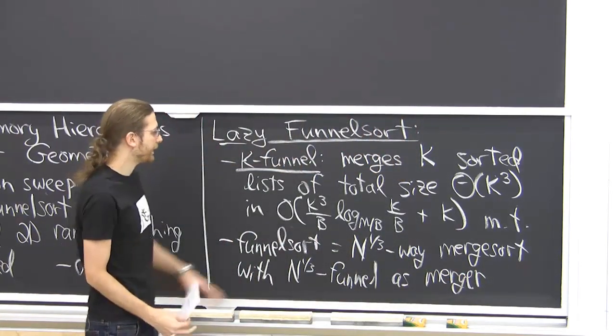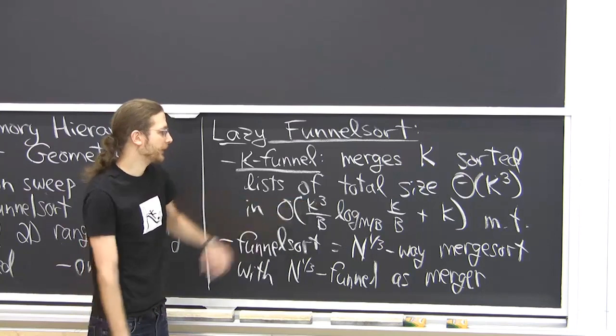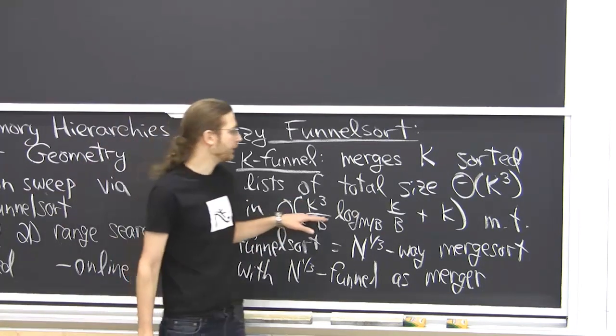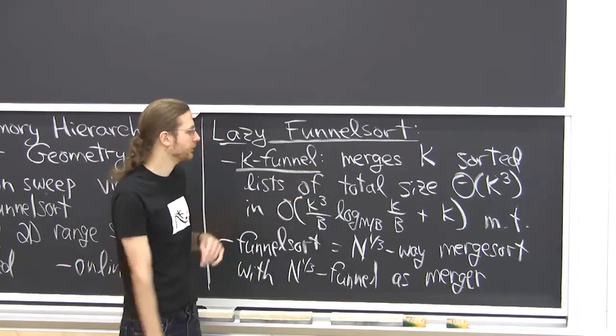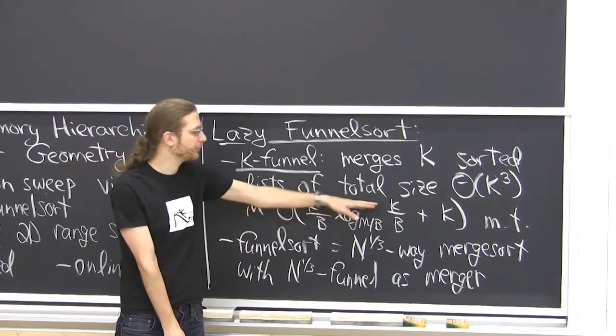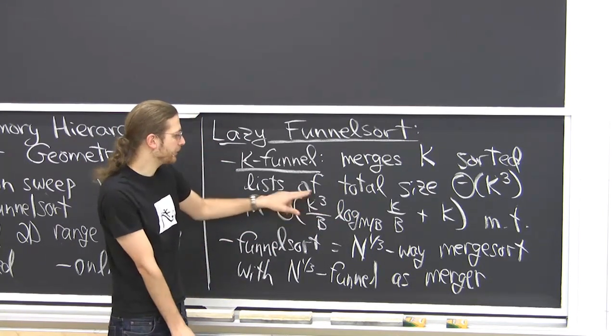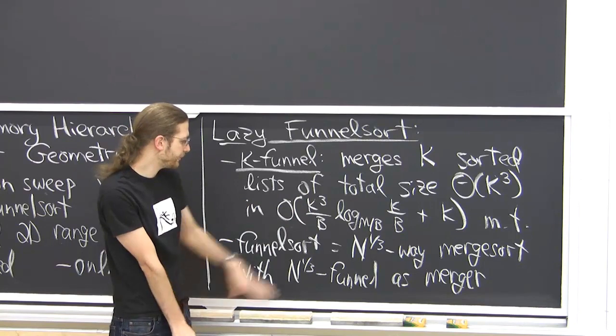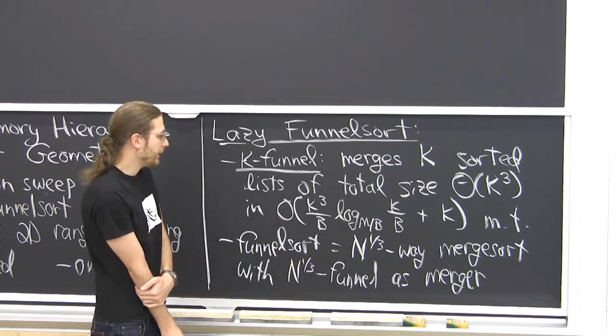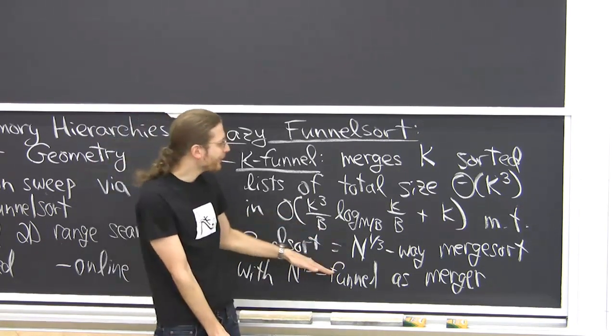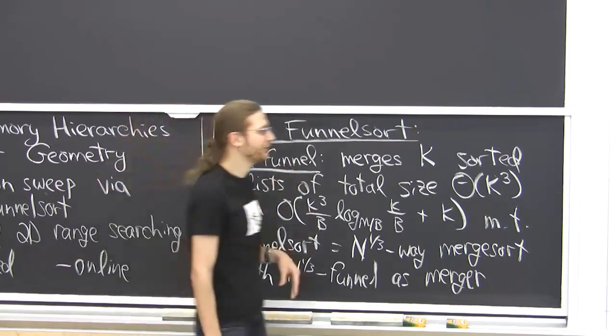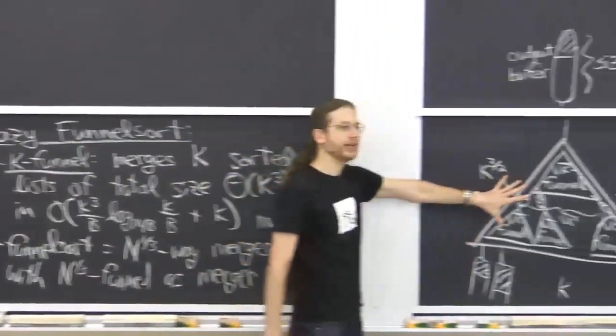We can only afford up to n to the 1/3 because of this cubic thing. We can only merge, if we want the sorting bound n over b log base m over b of n over b, we can only afford k being up to n to the 1/3, so that's the biggest we can do. So it's a recursive algorithm where each of the merging steps is this recursive data structure.